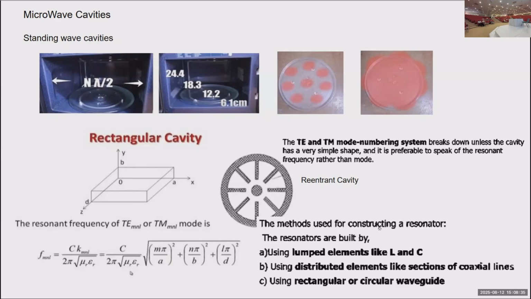And the microwave oven's wavelength is about 12.2 centimeters. If you are manufacturing a cavity oven, then multiply by 6.1 centimeters, to multiples of 18.3 or 24 and something.